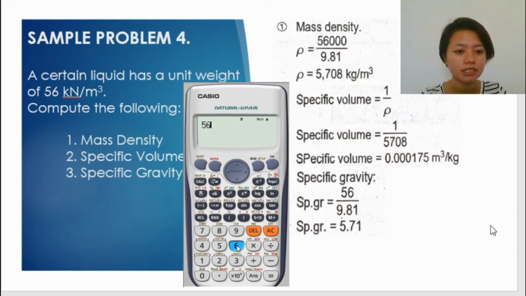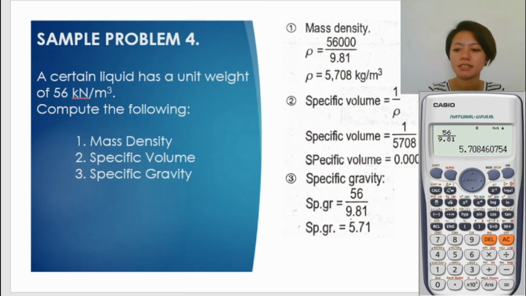So, we have 56 kilonewtons per meter cube over 9.81 standard unit weight of water. I repeat this so that you will remember. Then lastly, we have 5.71.